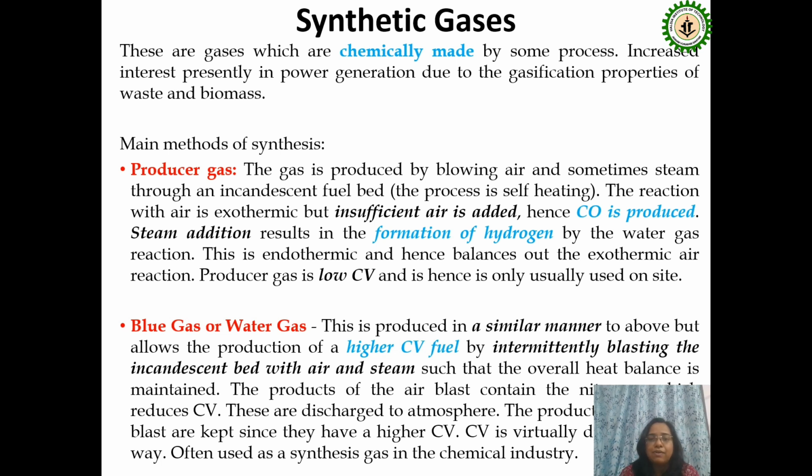As a result, carbon monoxide and hydrogen are produced, and some non-combustible products like CO2 and nitrogen are also present. The combination of all these gases is known as producer gas. In today's class, we will mainly discuss the details of producer gas.